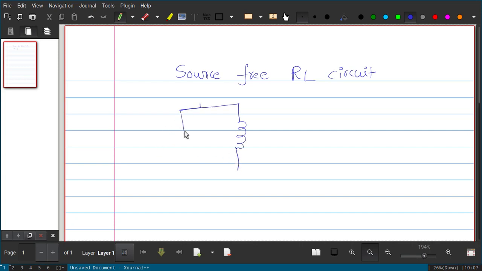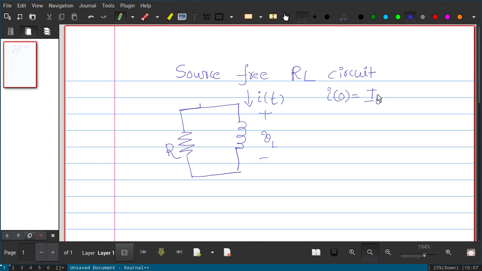Inductor and resistor, and the voltage across the inductor is VL and the current flowing through it is i(t), and this is resistor R. And one more assumption is that i(0), at t equal to 0, it is carrying a current I naught. So this is the condition.